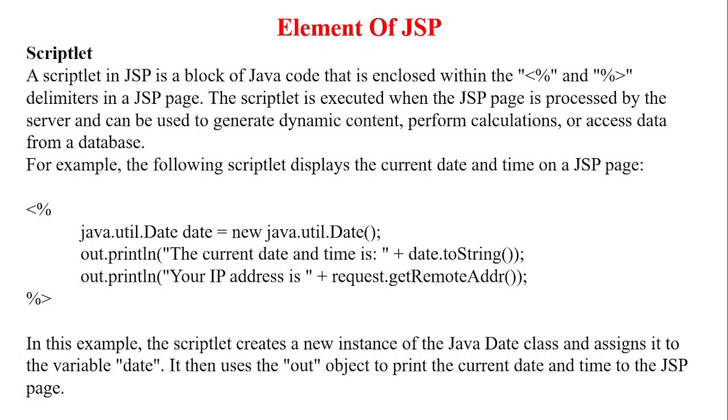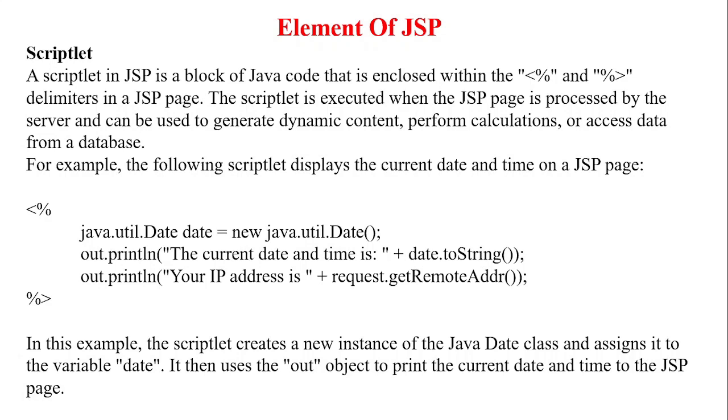This is just Java code, and we already use such code in servlets or in Java programming. The same code we are writing here, and we are also using the request object, an implicit object of the JSP. I am using this object to get the remote address of the system. So this is what the example is.